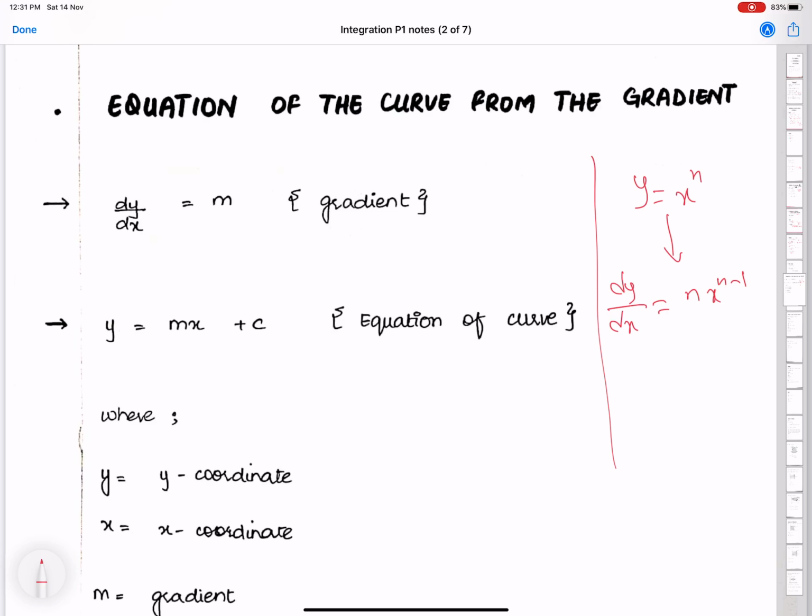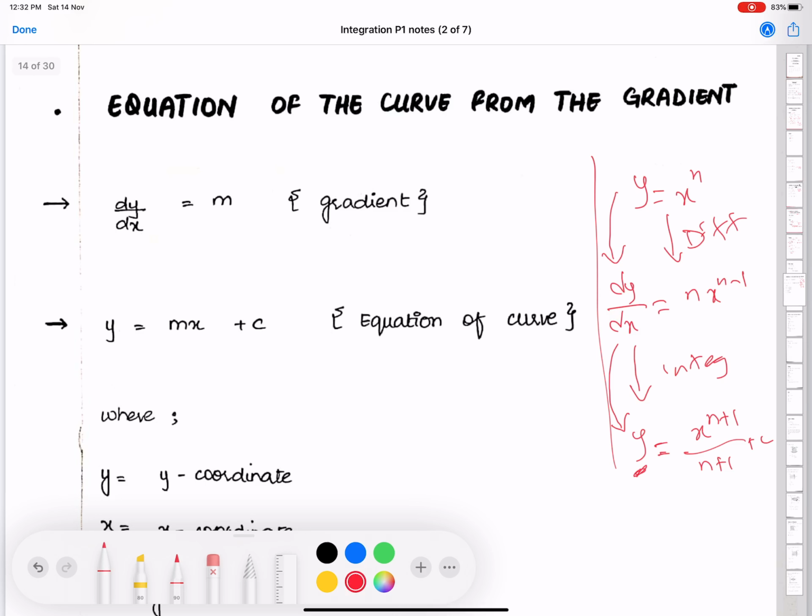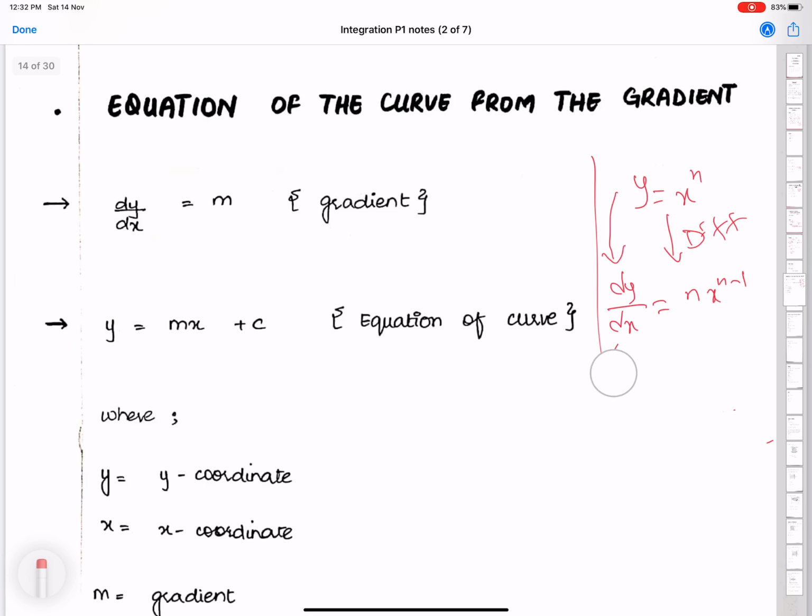And in integration we integrate the gradient and we again get the equation of the curve. So that is why integration is known as the reverse process of differentiation.